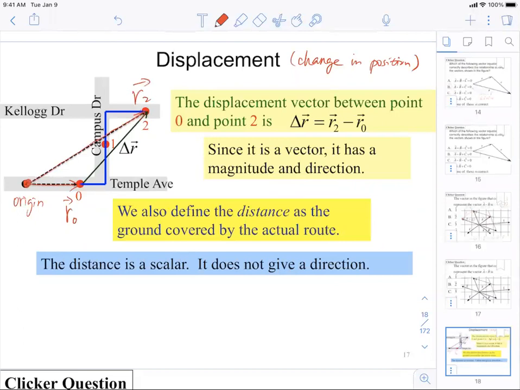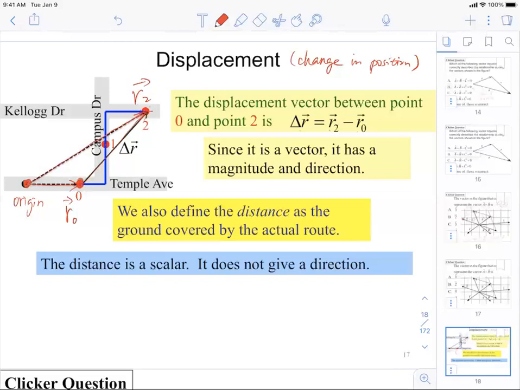If you want to talk about your displacement from 0 to 2, your change in position, that is another vector pointing from your initial position to your final position. This vector is delta r. Delta r is exactly where you are now, R2, minus where you were, R0.